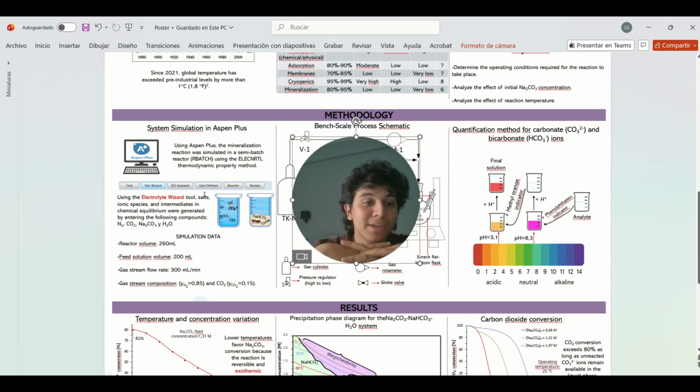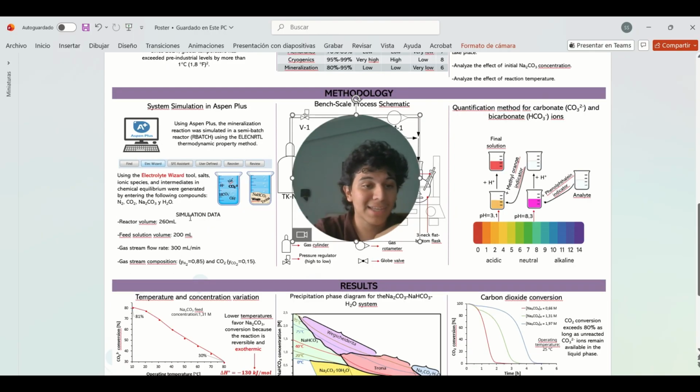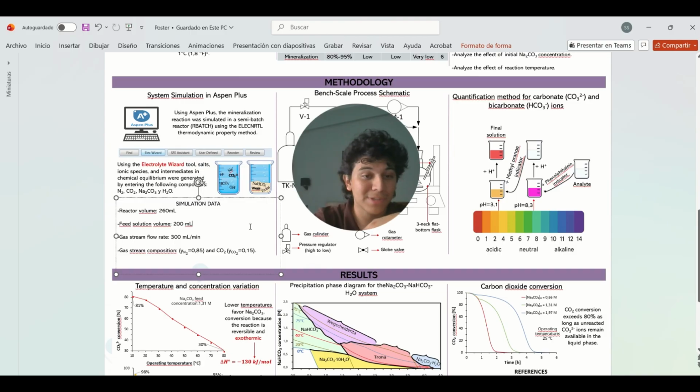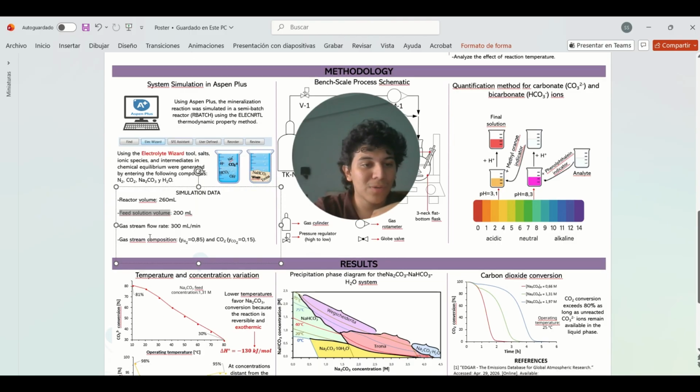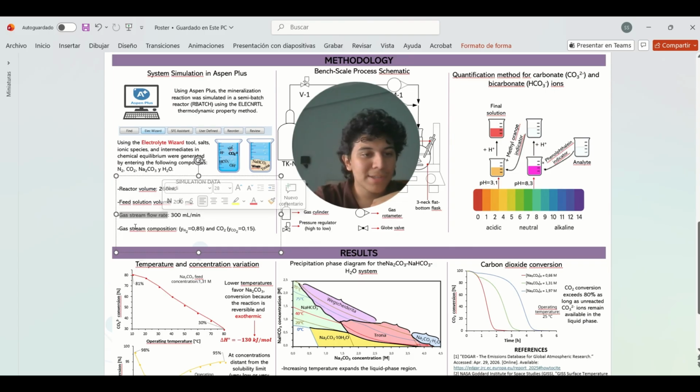In this software, using the electrolyte wizard tool, which is very magical, I introduce species, and this software generates different species from the ones I introduce. And this is the other data for this simulation, like reactor volume, feed solution volume, gas stream flow rate, and gas stream composition.